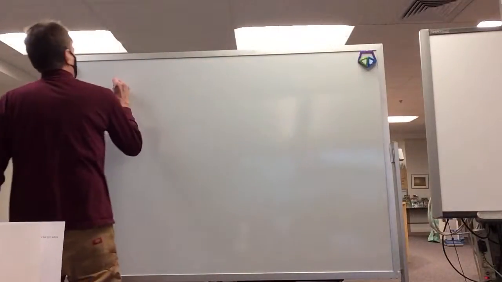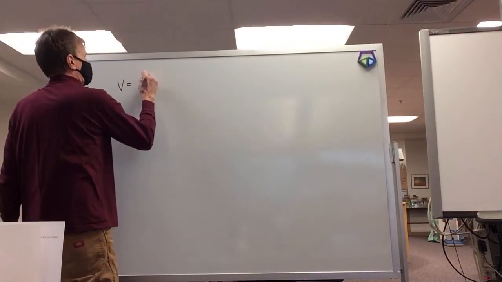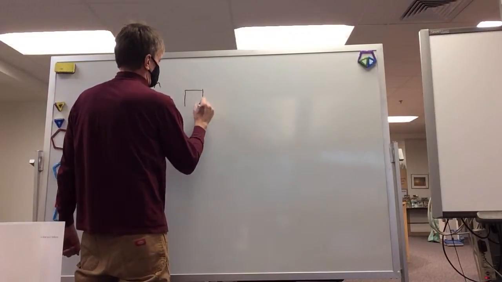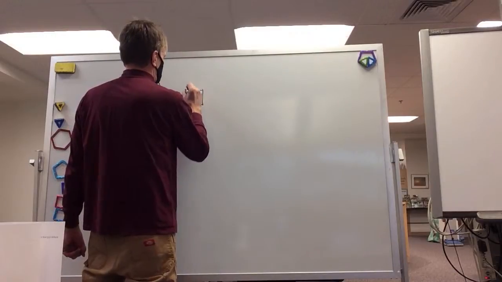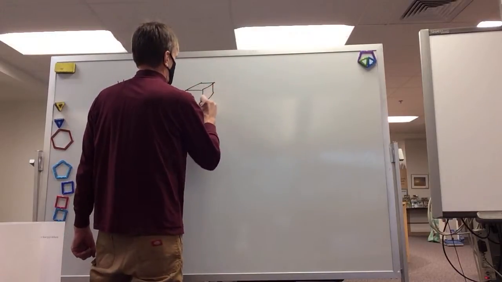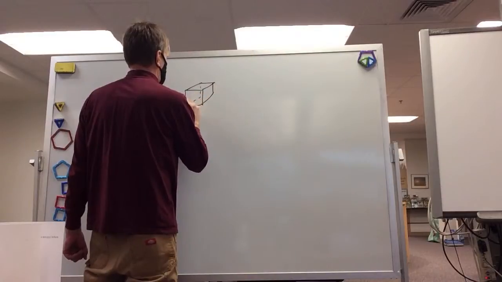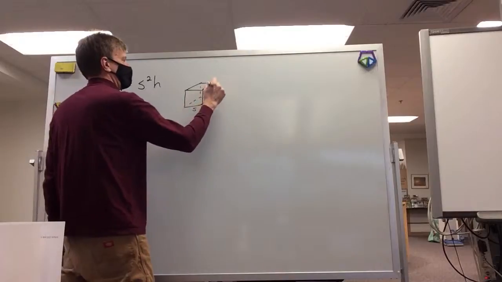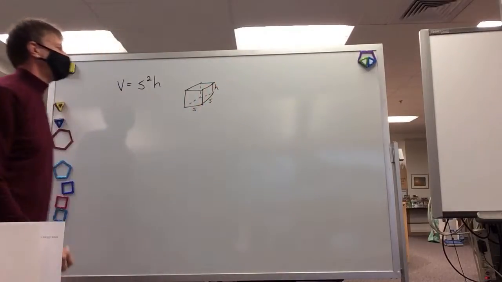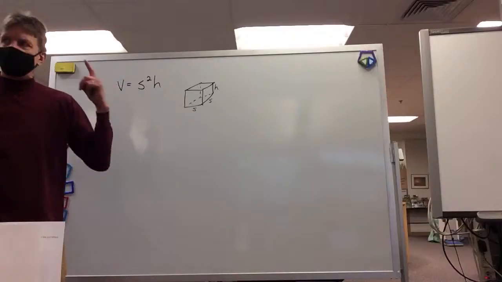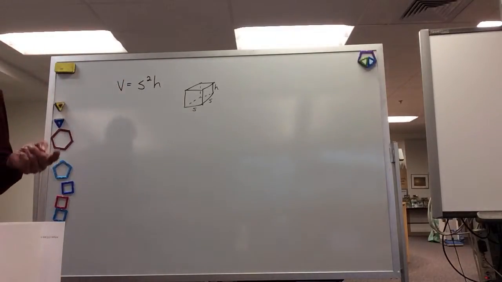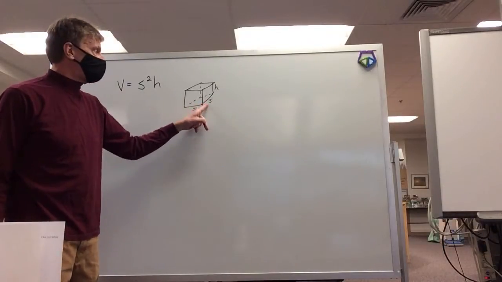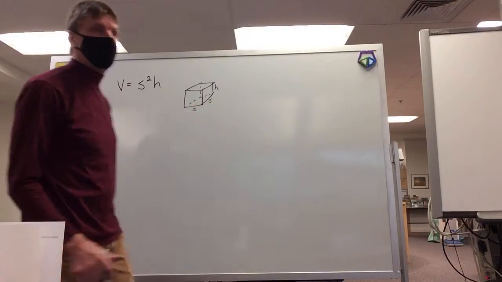If we say we have the volume is equal to the side length squared times h, basically what we're saying is this. If this is a side length and this is a side length, and then this is the height. If we think of volume as length times width times height, it's length times width, which is side times side, so this is a square base times the height. So that's the volume right here.